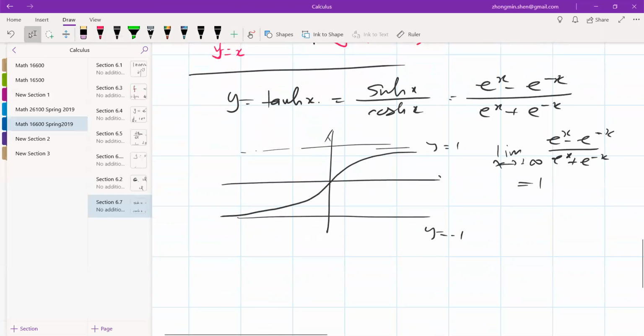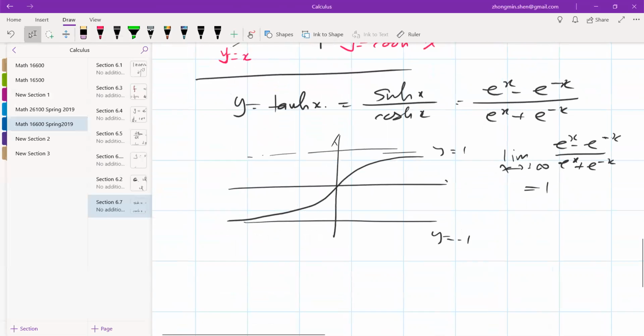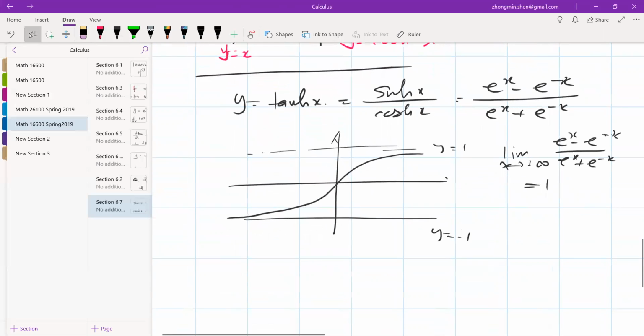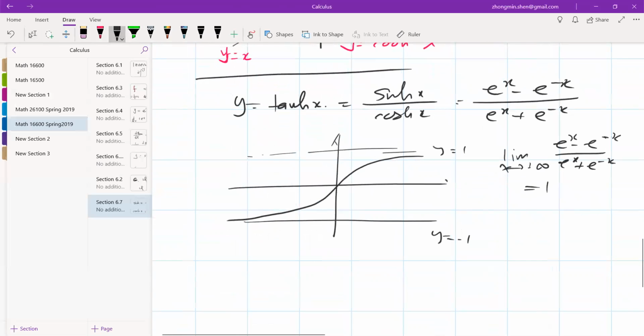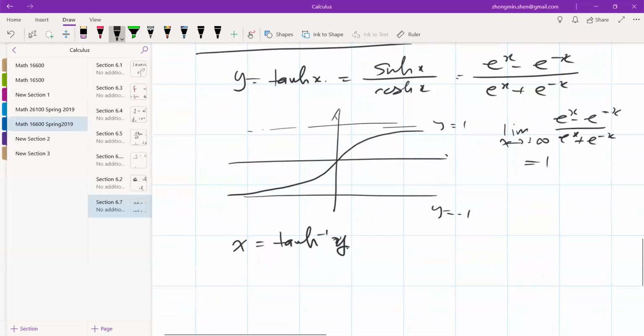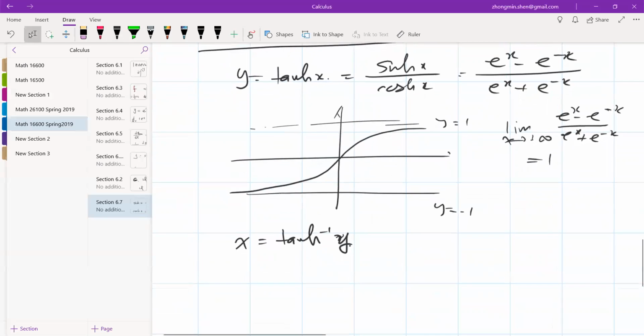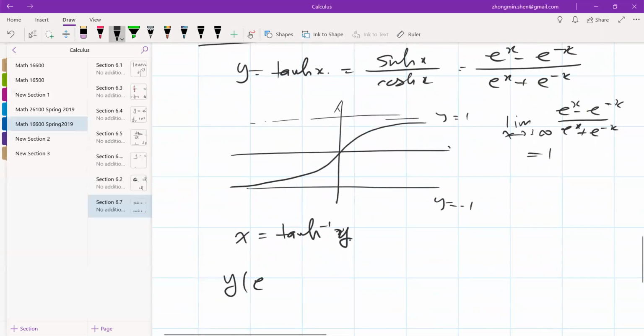How to do that? It looks pretty complicated here, right? So we try to solve for x. The question: are we able to express the inverse function by elementary functions? We can. So look at the above identity. You multiply both sides by the denominator.